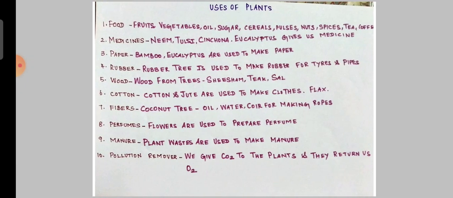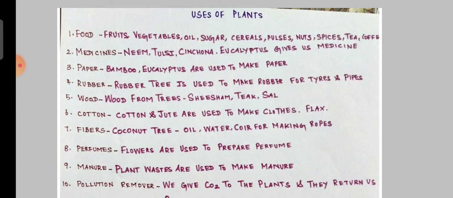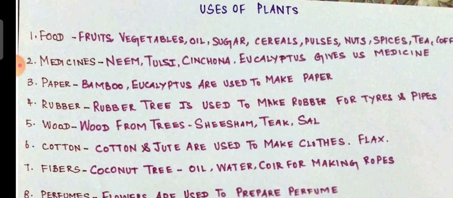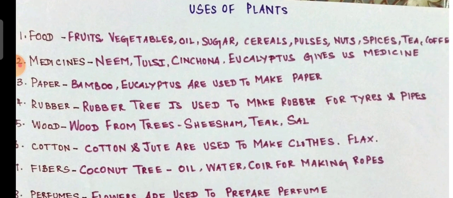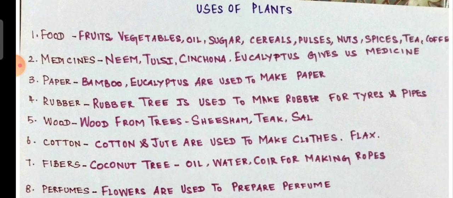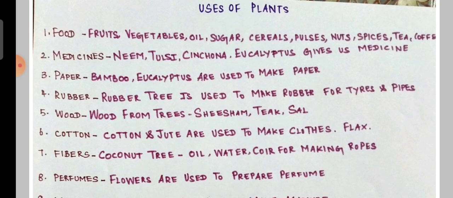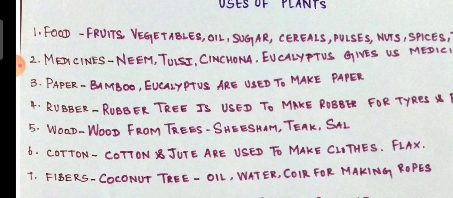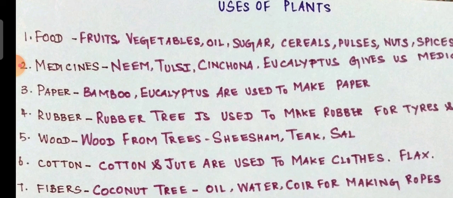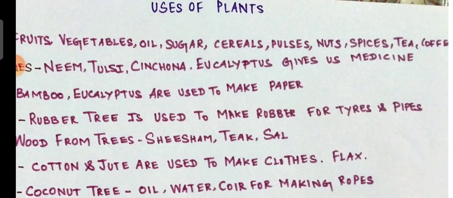Uses of plants. Plants provide us with food. They provide us with fruits, vegetables, oil, sugar, cereals, pulses, nuts, spices, tea, and coffee, etc. Medicines: they provide medicines to us. Some medicinal plants or herbs are neem, tulsi, cinchona, and eucalyptus.